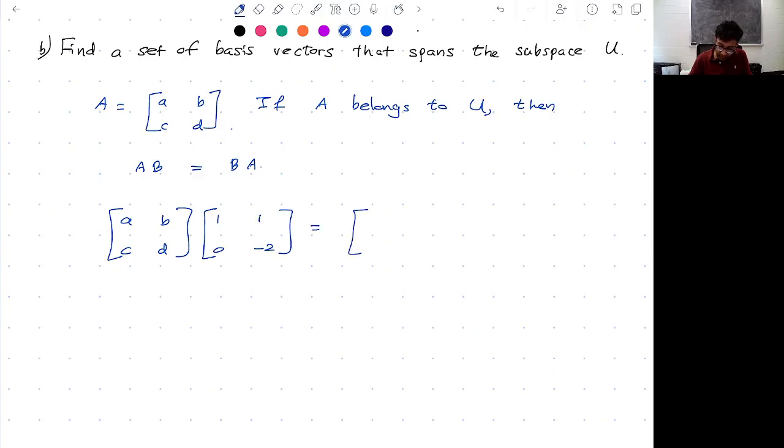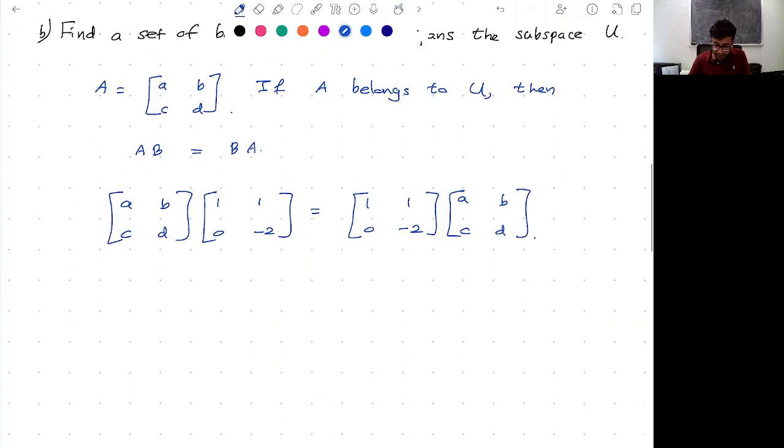This is equal to BA, 1, 1, 0, minus 2 times AB, CD. Okay, right. Next, I will evaluate these matrix products in both left and right hand sides.